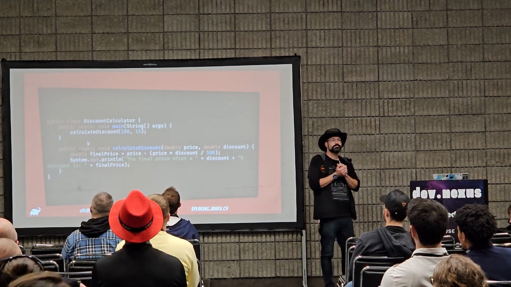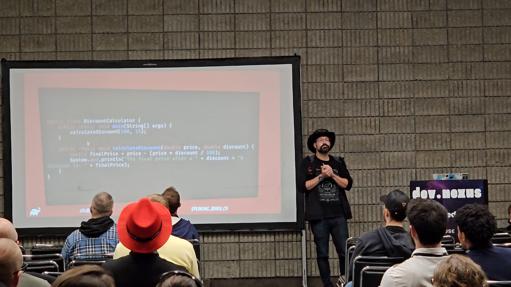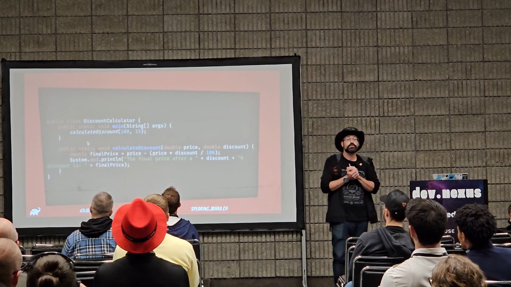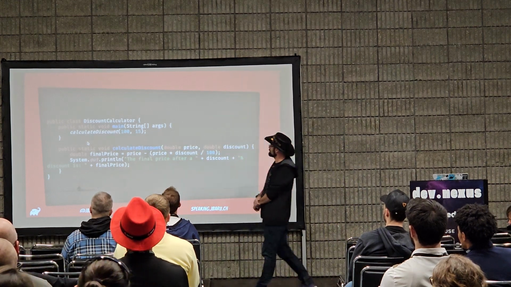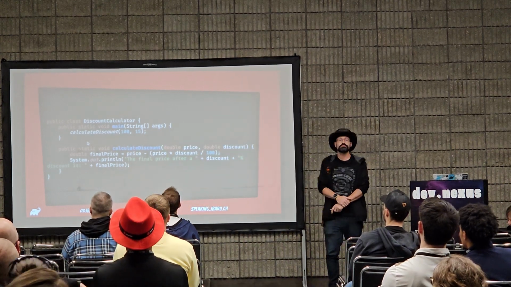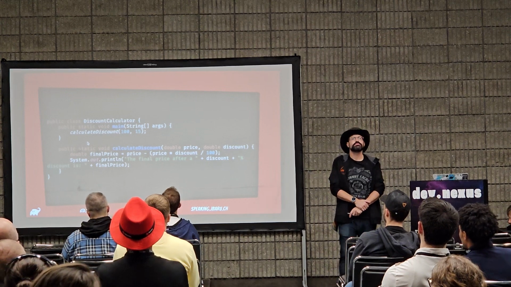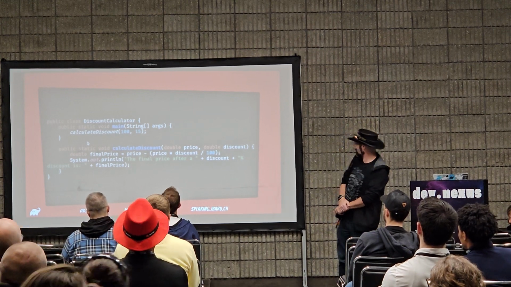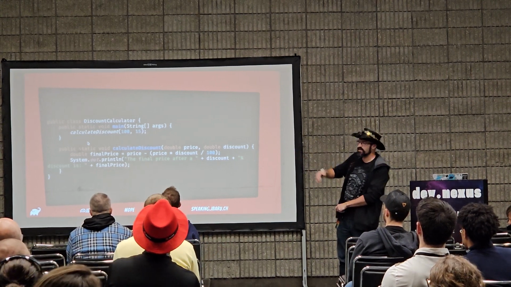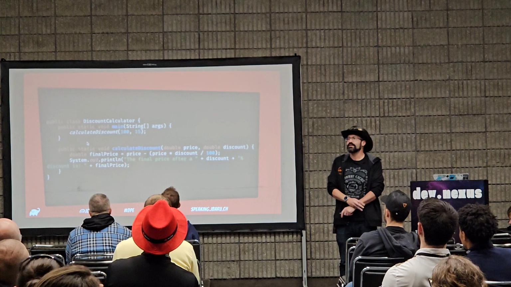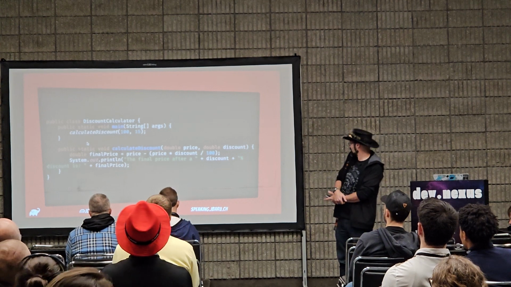Discount is 0. The discount is 0. No, discount is 15. Indent? Formatting, you mean? No, it's okay. Kind of, sort of, except for the last line there. Oh, yeah, no, it prints it.